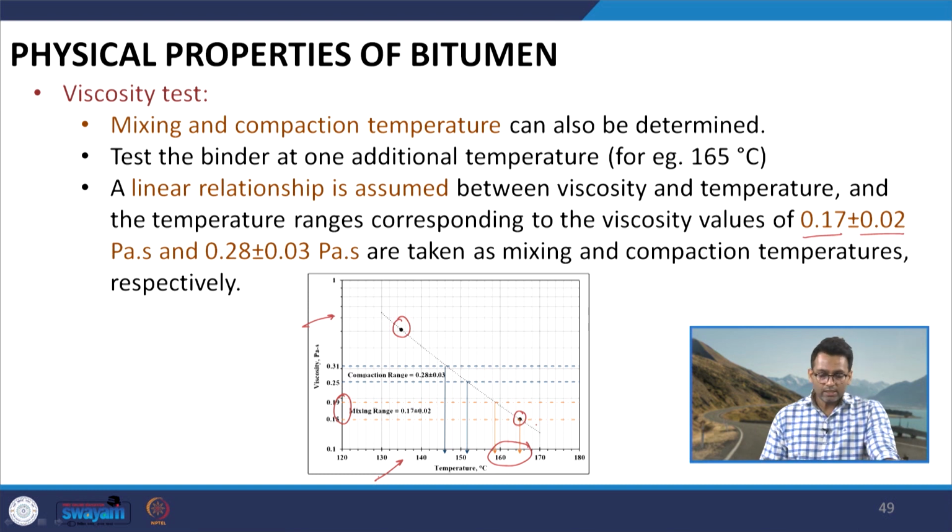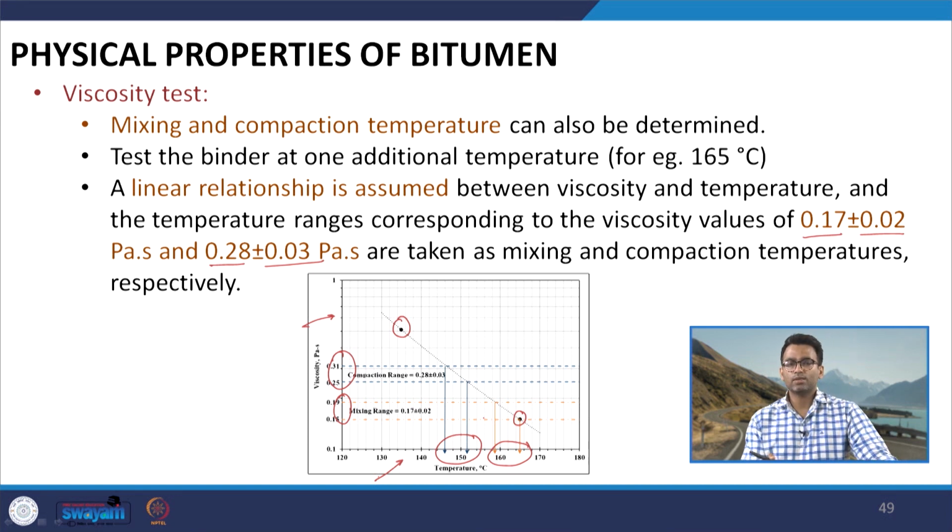Similarly, we see the temperature range at which the viscosity of the bitumen is 0.28 plus minus 0.03 Pascal seconds, and the temperature at which the bitumen attains this range of viscosity is denoted as the compaction temperature of the bituminous mixture.